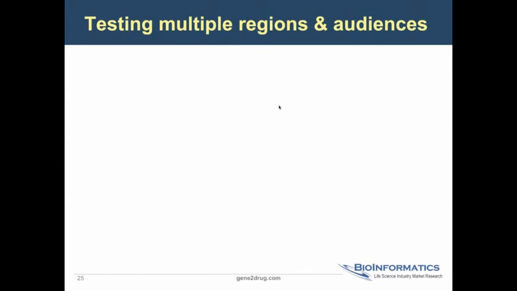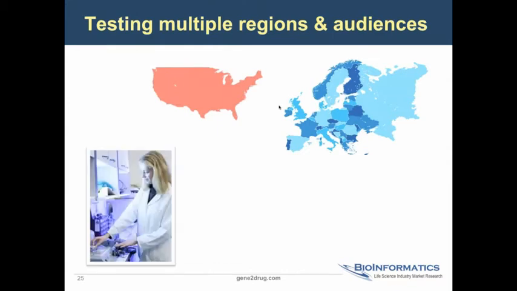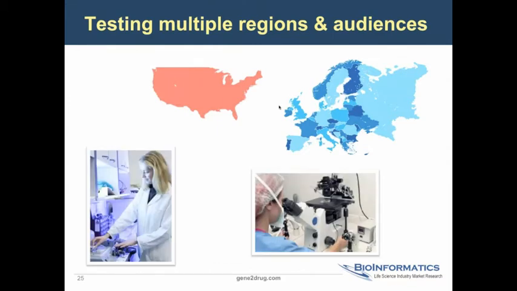So, how can Rate My Product be used to test geographic differences in multiple target audiences? Rate My Product gives you the flexibility you need to select your target audience. As you said earlier, you can select by geographic region, either the United States or Europe. You can target a specific customer type by techniques they currently perform or by a broad category of research.